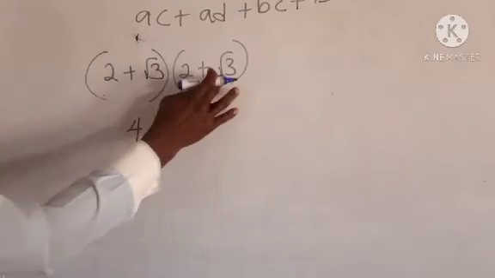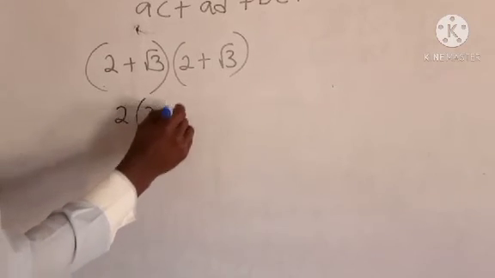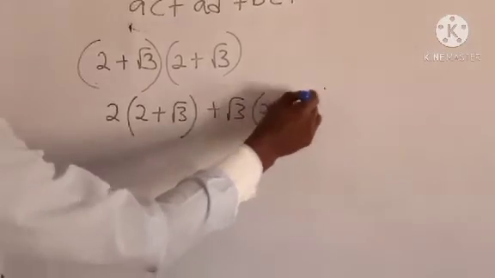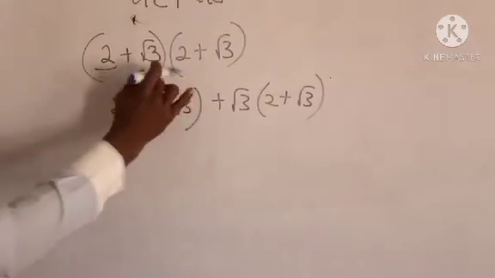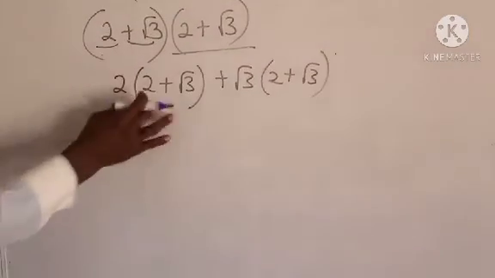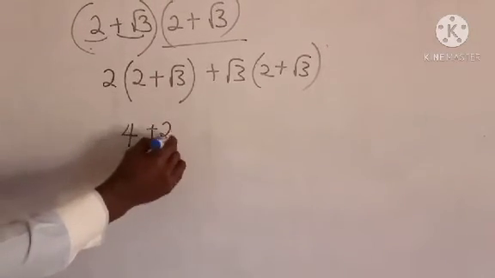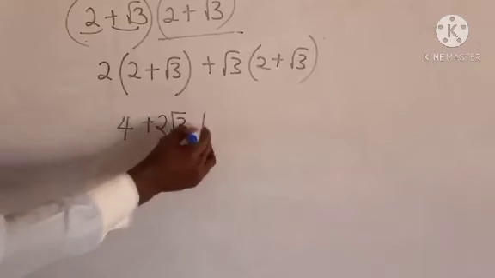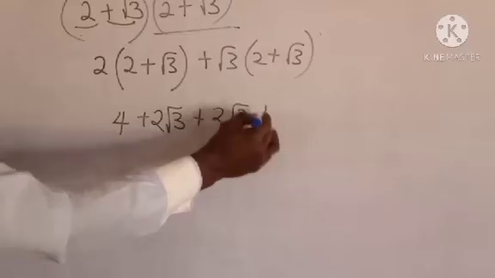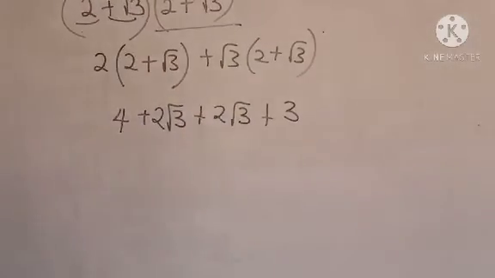Preferably, let's take the expansion method: 2 into 2 plus root 3, then plus root 3 into 2 plus root 3. This is multiplying the whole bracket, then plus root 3 multiplying the whole bracket again. 2 times 2 gives 4, plus 2 times root 3 gives 2 root 3, plus root 3 times 2 gives 2 root 3, plus root 3 times root 3 gives 3 from our rule in multiplication.